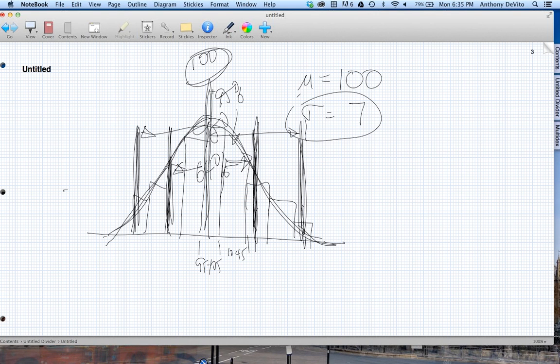I'm sorry, say again? That's a percentage of the people. That's called the empirical rule. We're going to learn about the mathematics. Right now, you take that on faith, okay? That's the way normal distributions work.